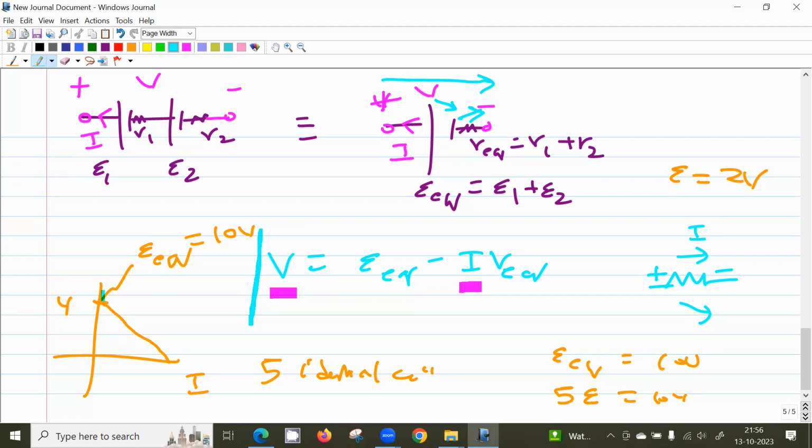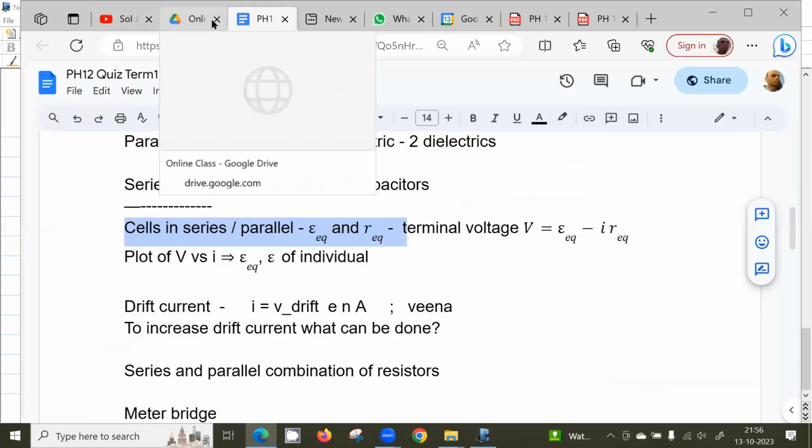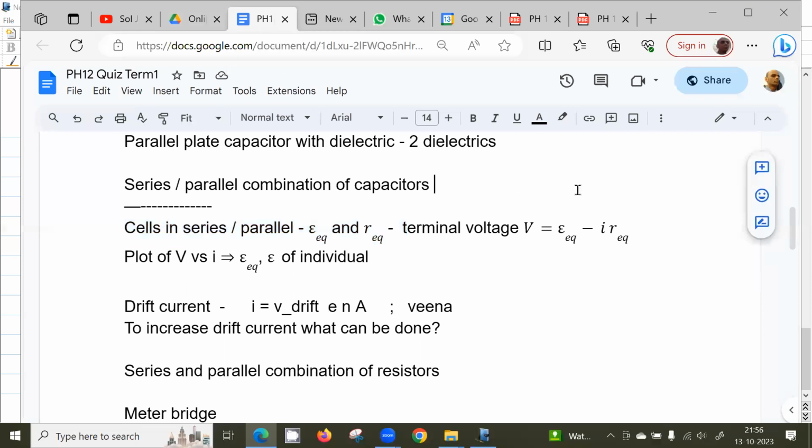So this value is E equivalent. I can read that value from the graph, and E equivalent for a series combination of cells, so there are 5 cells means 5 times E. So from there, I get the EMF of a single cell as 2 volts.